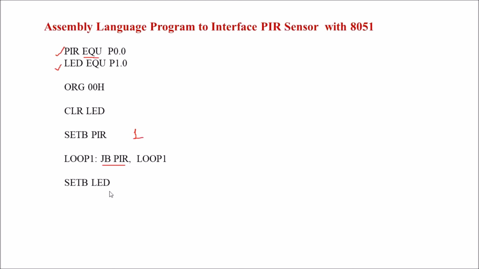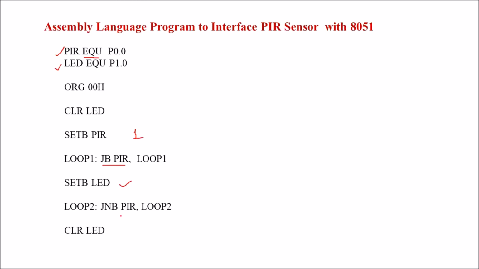If there is motion, we'll turn the LED on. After turning the LED on, we'll check whether motion is still there or not. If the PIR bit is 0, it will continuously execute this loop and the LED stays on. But if P0.0 is 1, that means there is no motion now, so we'll turn the LED off.